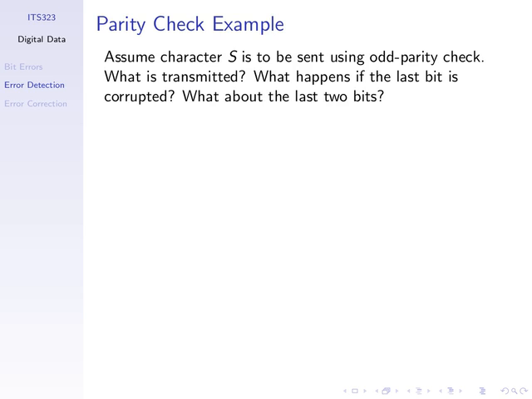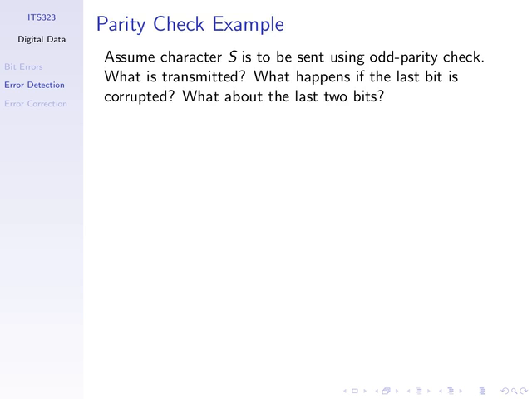We're going to use an odd single-bit parity check, and we're going to include the parity bit at the start of the data. It needs to be defined whether you include it at the start or at the end. In this case, we're going to include it at the start.